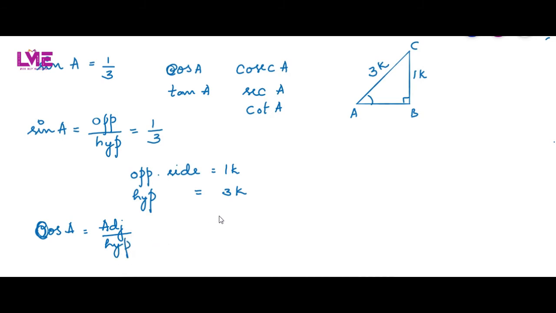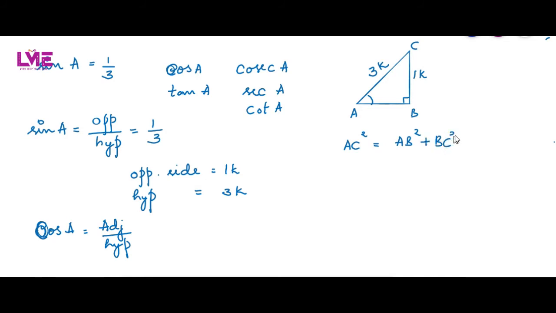The hypotenuse value is known to us, but we need the adjacent value. So adjacent is AB. Let us apply Pythagoras theorem to calculate the unknown side, because this is a right angle triangle, so we can calculate the unknown side using Pythagoras theorem. According to Pythagoras theorem, hypotenuse square, where hypotenuse is AC here, so AC square is equal to AB square plus BC square.